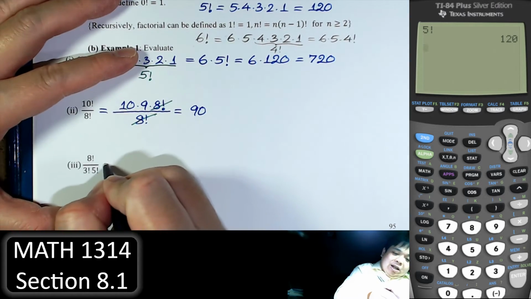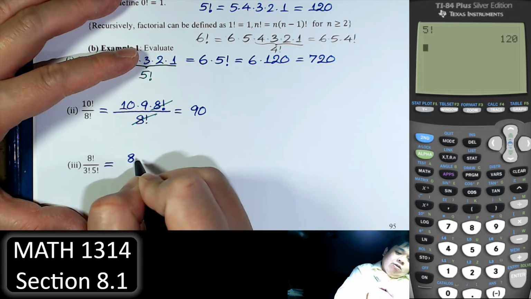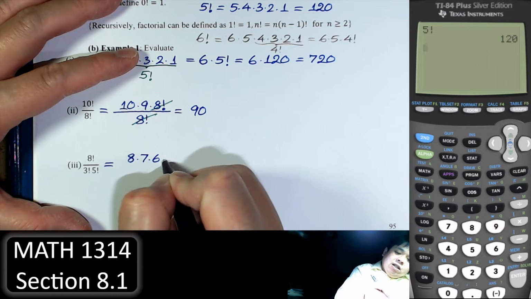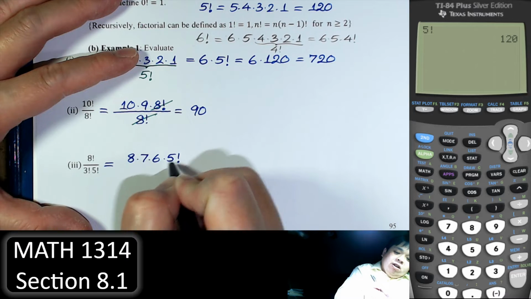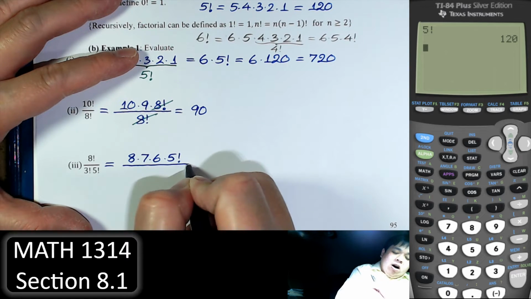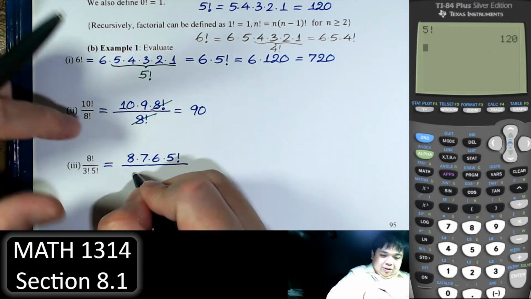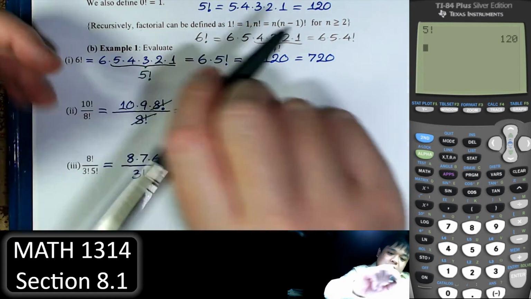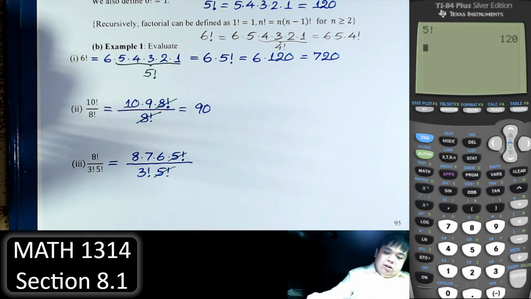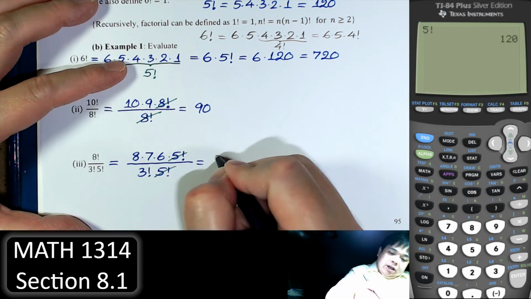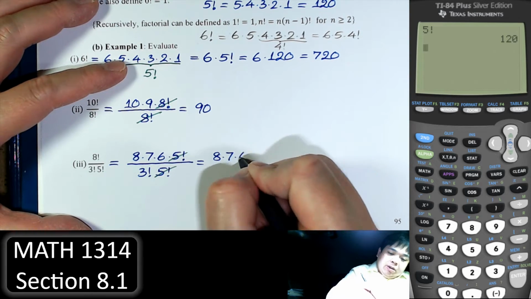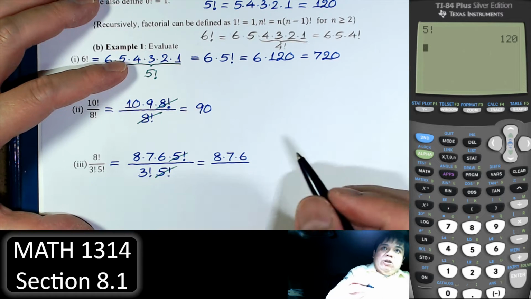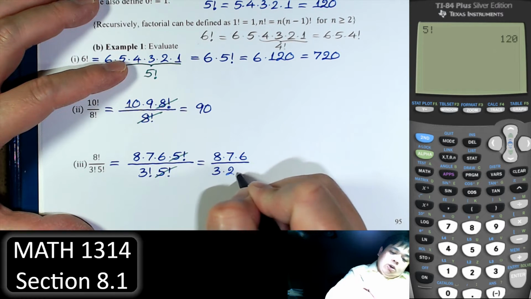Right, same thing here. A factorial, we can start from 8, 7, 6, and then we will stop at 5 because there is a 5 factorial at the bottom, which we cancel out. And so 8 times 7 times 6, and then 3 factorial, 3, 2, 1.